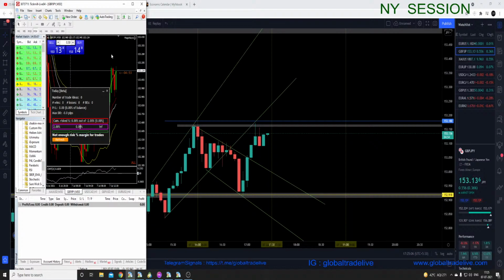Okay, so now the 30-minute candle has just 4 minutes left here, and the 1 hour candle only has 4 minutes left to close.